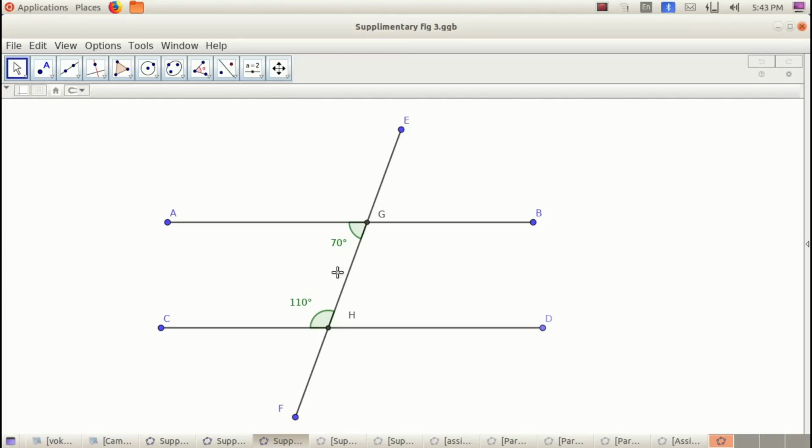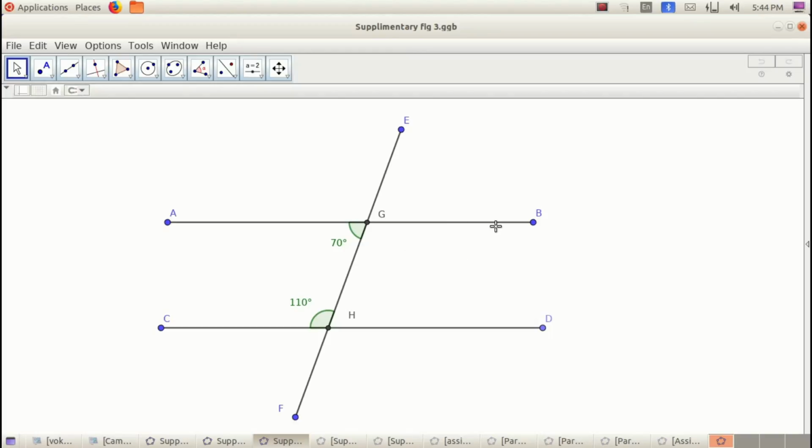Then how many pairs of co-interior angles do we get? Two pairs of co-interior angles. One pair is DHE and BGF. The second pair is AGF and CHE. This type of pairing is known as co-interior angles.